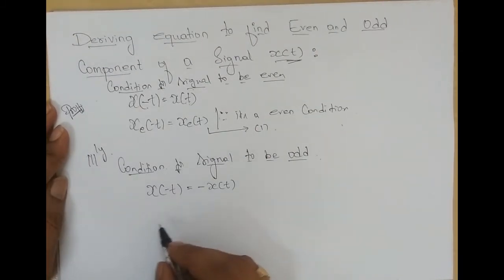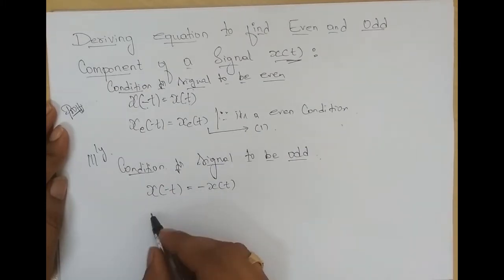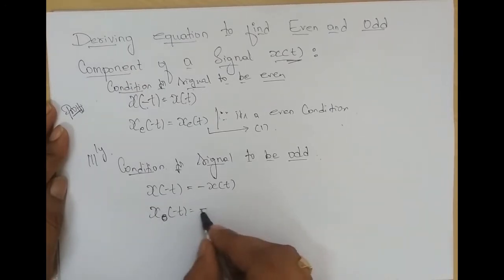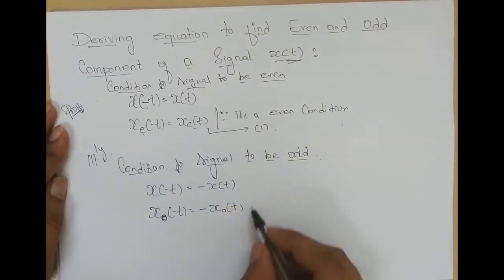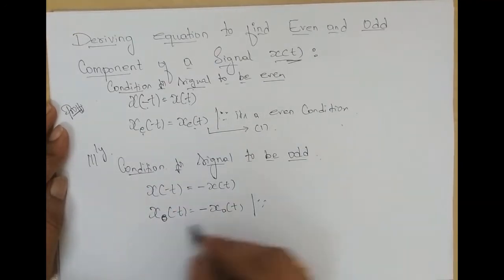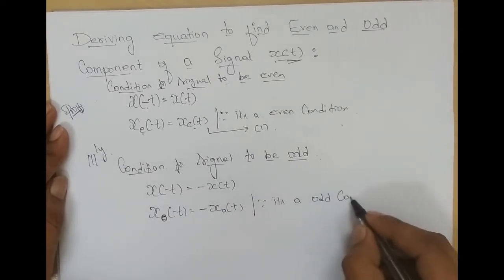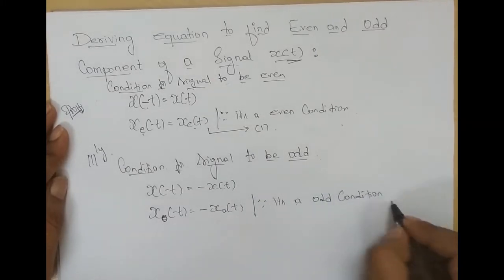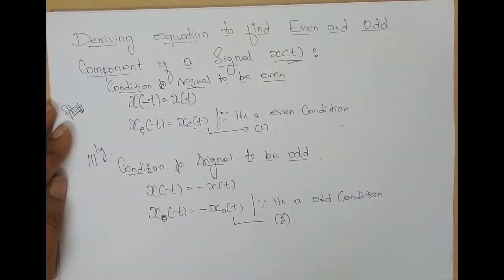And since it's a condition for odd signal, instead of writing x of minus t and minus x of t, I'll call it as xo of minus t is equal to minus of xo of t, where o stands for odd and here e stands for even. Why I did like this? Because I can do it because it's an odd condition. This is the condition for the signal to be odd, right? So I'll call this as equation number 2.